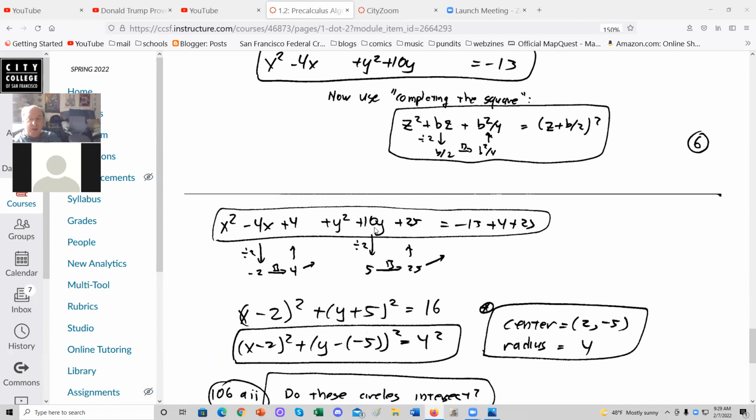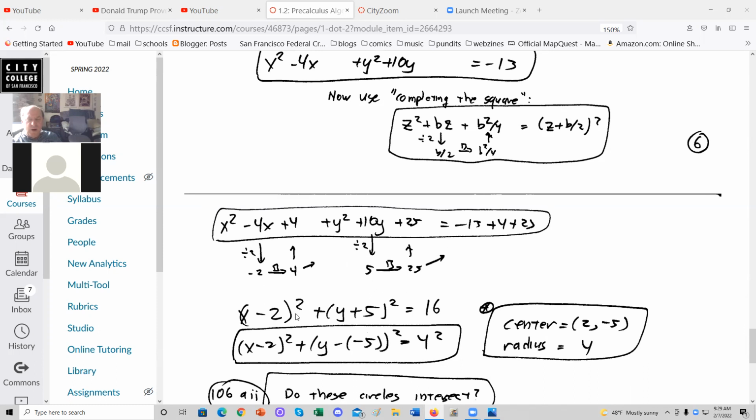Here's y squared plus 10y. Half of 10 is 5, square that is 25, add 25 to both sides. So on the right side, it's -13 plus 4 plus 25. On the left side, this is x minus 2 squared, and these three terms come out to y plus 5 squared.